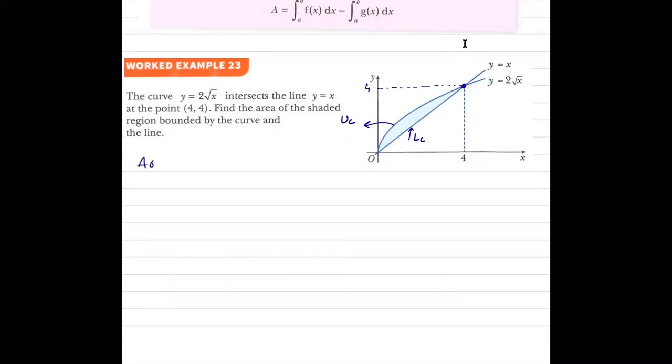The shaded area, that is the area bounded by the curve and the line, is going to be found by integrating the upper curve with respect to dx from 0 to 4 minus integration of the lower curve from 0 to 4. The upper curve is this, that has the equation 2 root x.